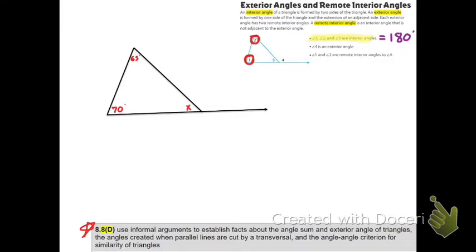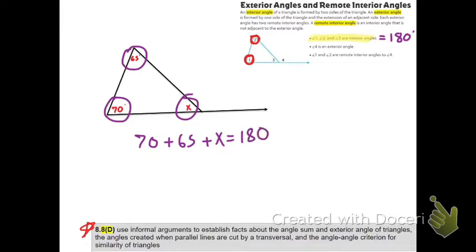Alrighty, so now moving on. Over here, they're giving us this information. There are some attributes that we need to know. I just gave you some information earlier. We know that all the angles in a triangle have to add up to 180. Well, in this situation, what adds up to 180? This angle plus that angle plus that angle. So we can set this up like this: 70 plus 65 plus x equals 180 degrees.